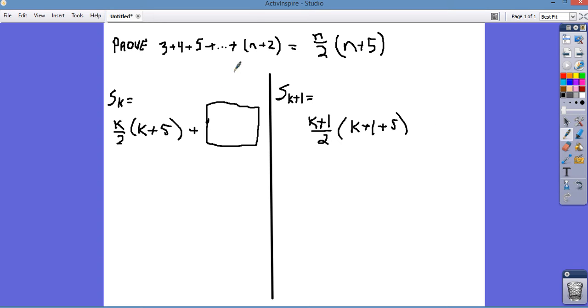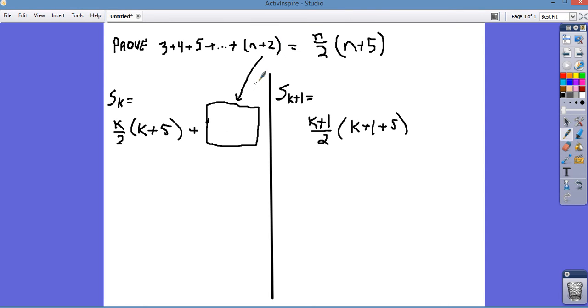Okay, so you're trying to see if this is equal to that. It's kind of like an identity where you're trying to get the left-hand side to match the right-hand side. Now remember, this was the sum for the next number in the sequence. This was the sum for the previous number. So we have to add to this the next number in the sequence, which according to the rule means you add 2 to the sequence number.